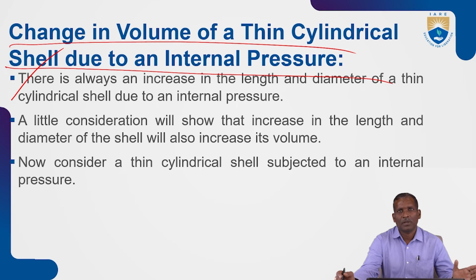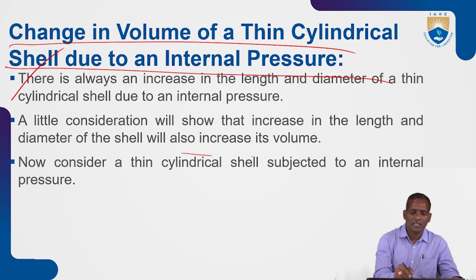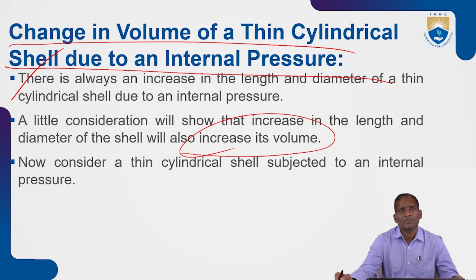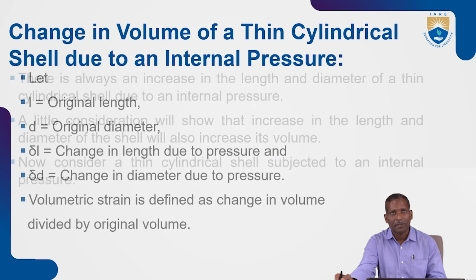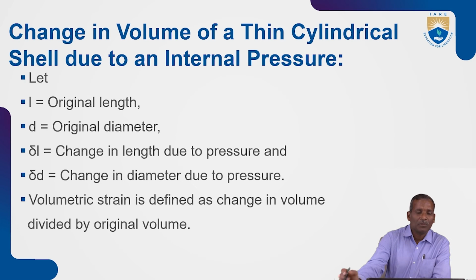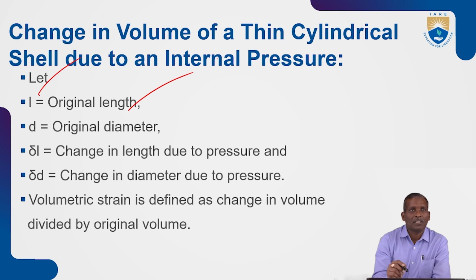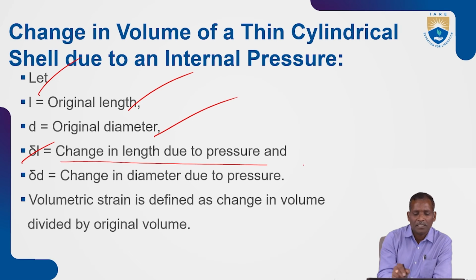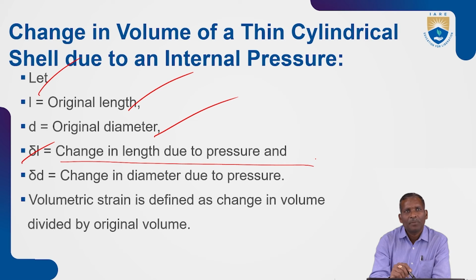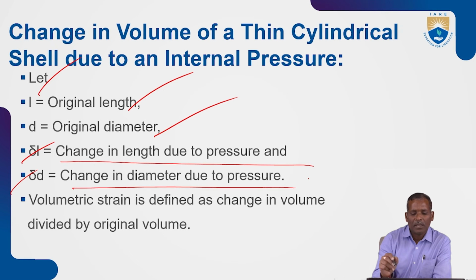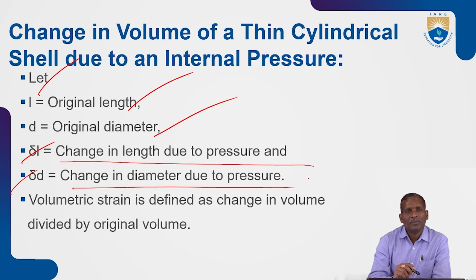Now consider a thin cylindrical shell subject to an internal pressure. How do we calculate the volume? Let the original length be L and D the original diameter, delta L the change in length due to pressure, and delta D the change in diameter due to pressure.